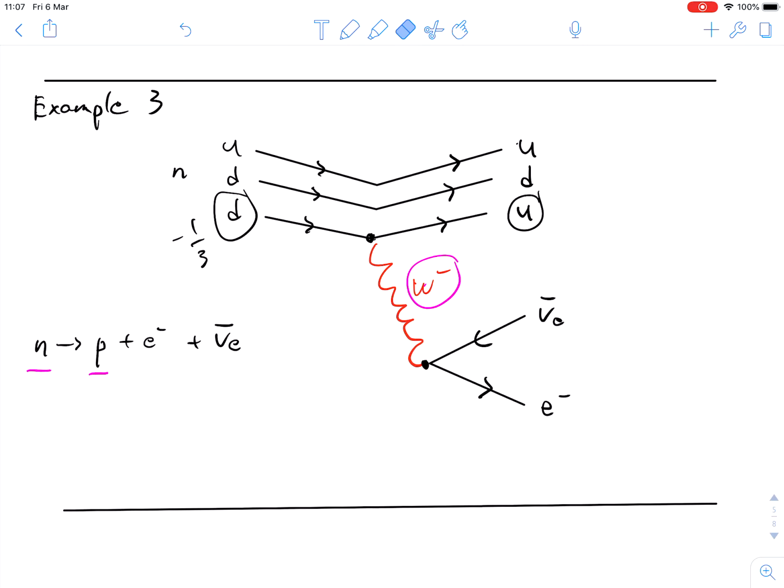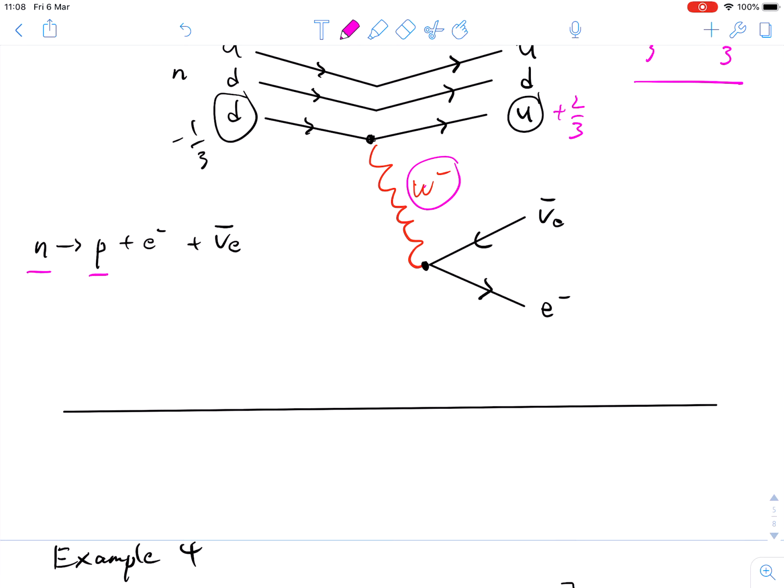If you think about the difference, we go from -1/3 to +2/3. That's a difference of 1, and that's exactly what's going on there. It gives us the full 1. It flips into a 2/3 charge positive up quark.